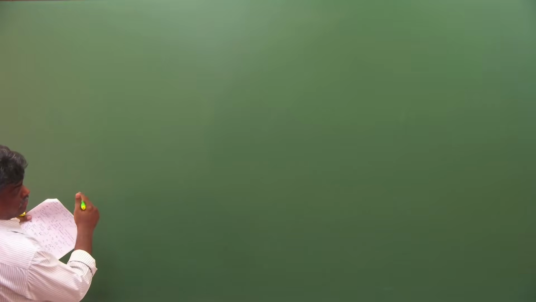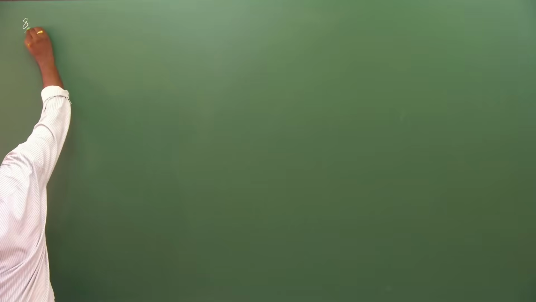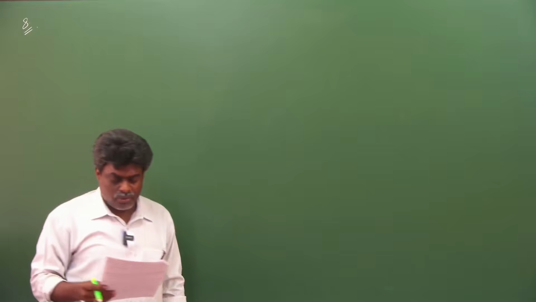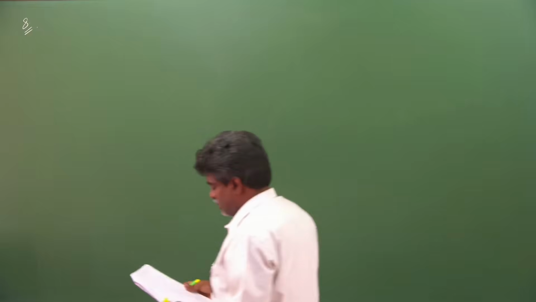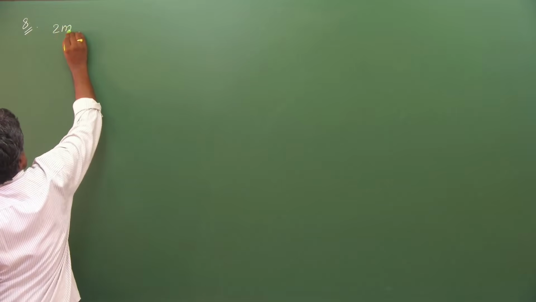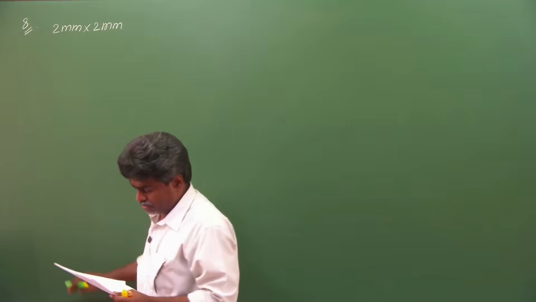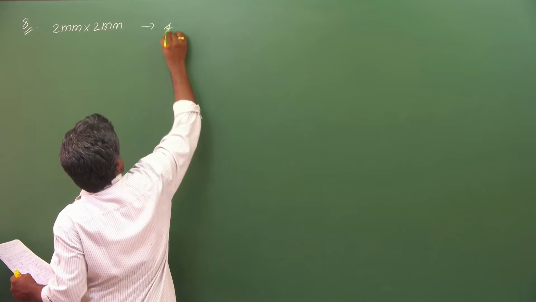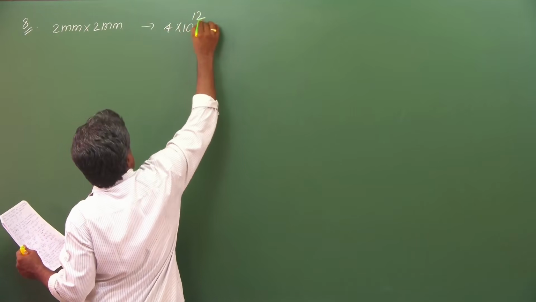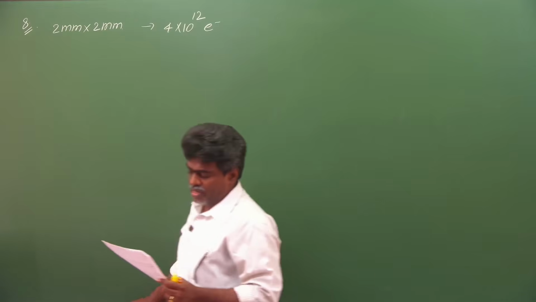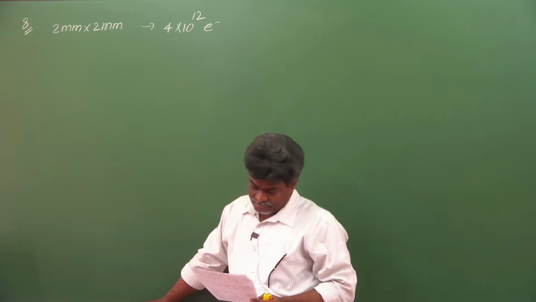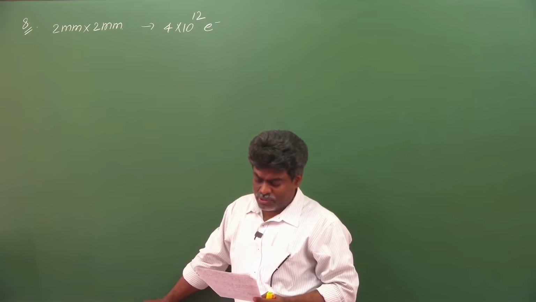Write down. A thin metal film of dimension 2 mm by 2 mm contains 4 into 10 to the power of 12 electrons. Is it 2 dimension or 3 dimension? 2 dimension. Good. Electrons, full stop.